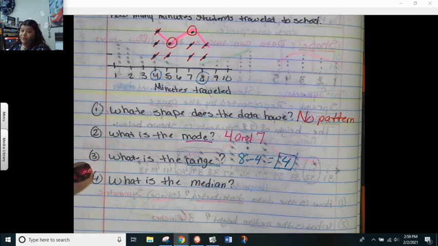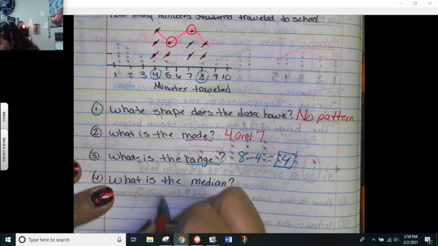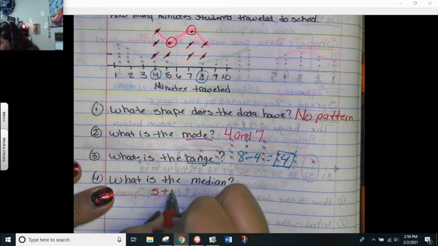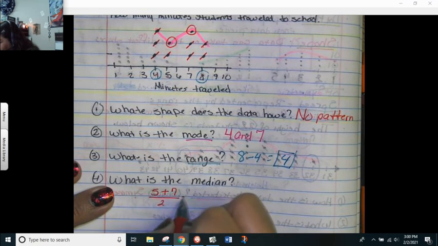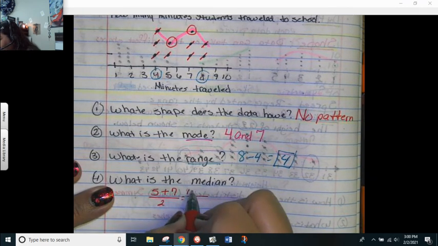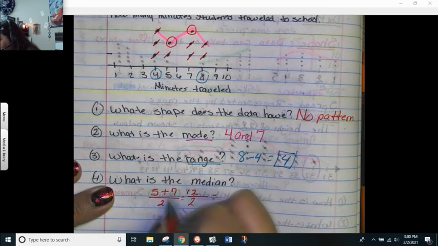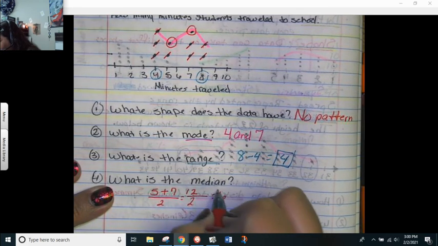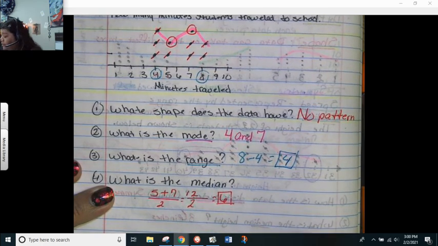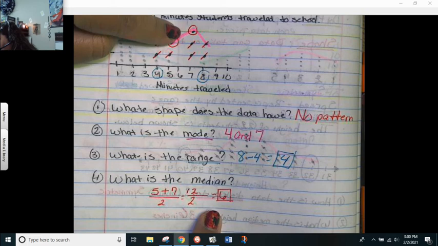Remember what we had to do? When you have 2 numbers, you add them up. So I have 5 plus 7 divided by 2. 5 plus 7 is 12, divided by 2 is 6. So the median there is 6.